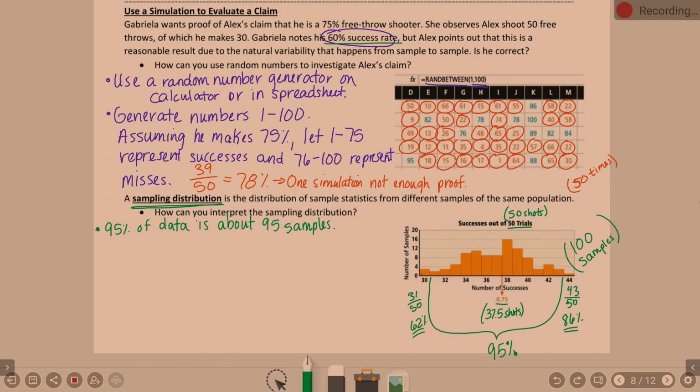That's one thing you might want to put down. 95% includes 31 to 43 successes, which is 62% to 86%. And I'm going to say, and thus a reasonable range.